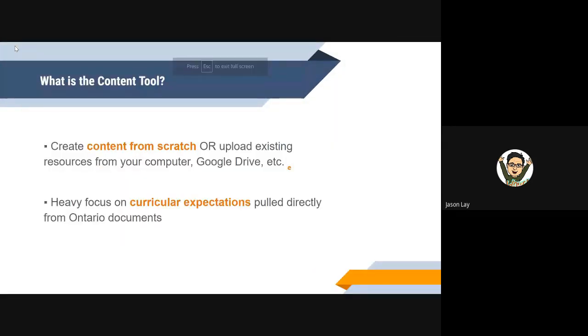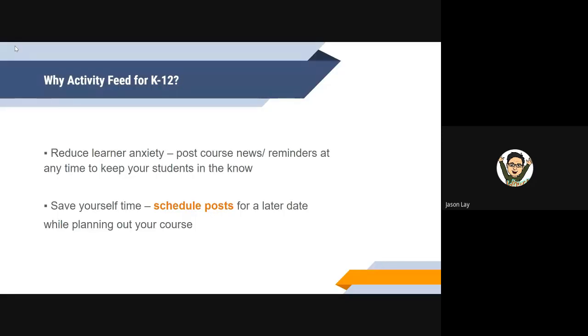So just to go a bit through the content tool, you can create content from scratch or upload existing resources from your computer, like Google Drive. What's really good about it is there is a heavy focus on curricular expectations, and this is directly from the Ontario documents.